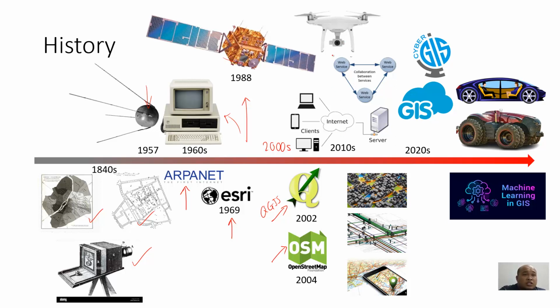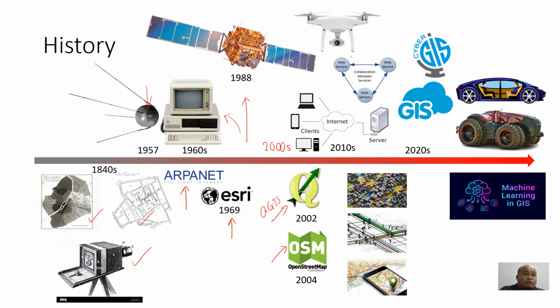Also in the 2010s, people no longer use helicopters or aircraft for data collection. People have moved into a much smaller version, which is called the drone, right? So with 20,000 ringgit, or about 5,000 US dollars, you can have these systems.